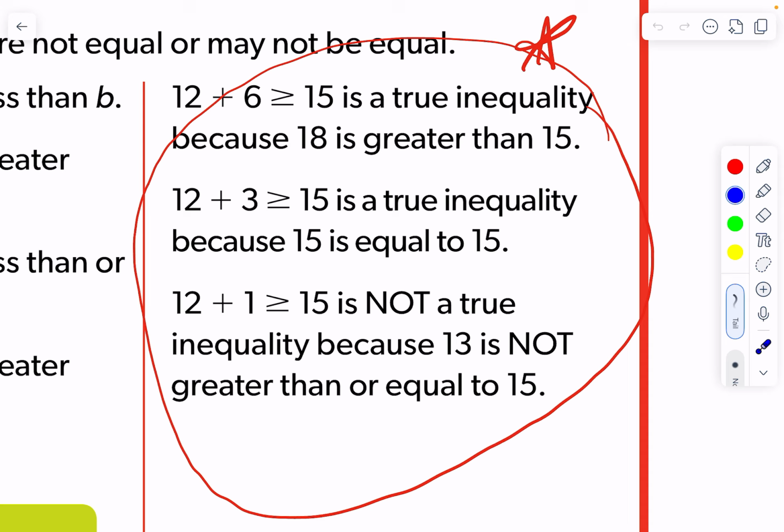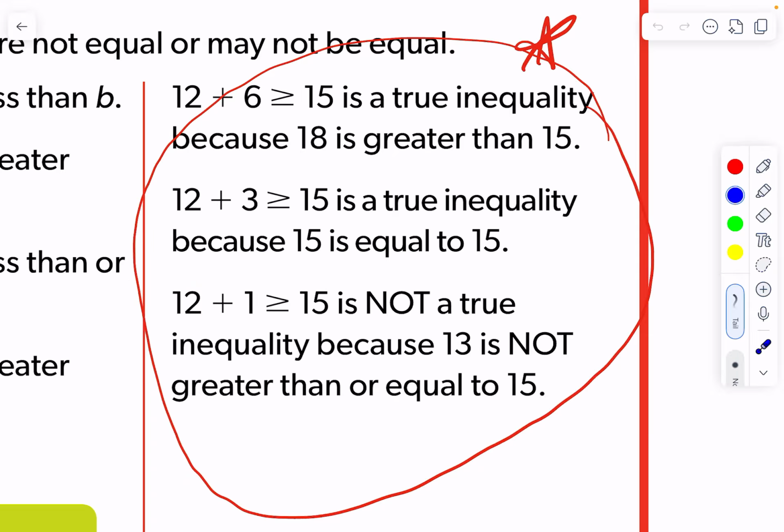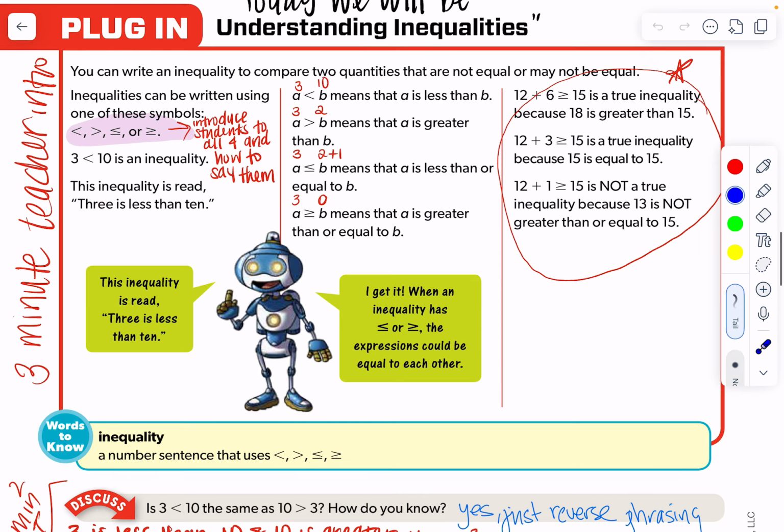And then here, I'll do this question right here where it says 12 plus 1 is greater than 15, right? When I go ahead and I solve for 12 plus 1, I get 13. 13 is not greater than 15. 13 is also not equal to 15. So because it's not greater than or equal to 15, this is not a true inequality statement, okay?